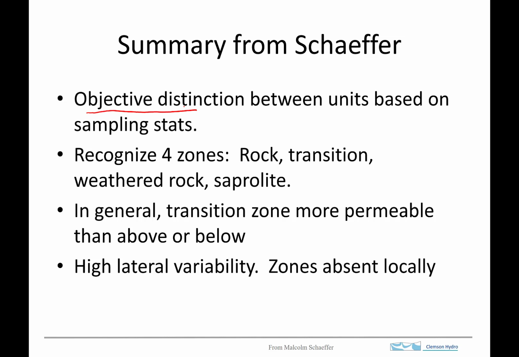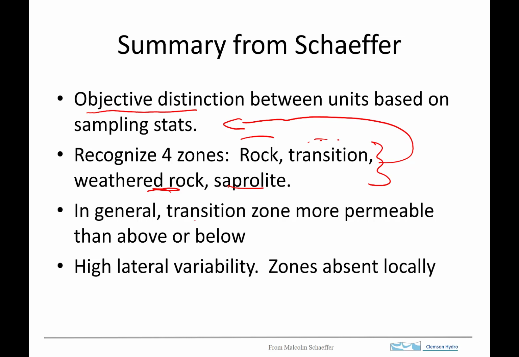And he recognizes these four different zones: a saprolite and a weathered rock that is grouped in with saprolite, the intact rock, and then a transition of fractured rock that's perhaps not weathered enough to be deemed weathered rock. And these could all be identified based on the statistics of sampling, the number of blows per foot for split spoon sampling, or the RQD.